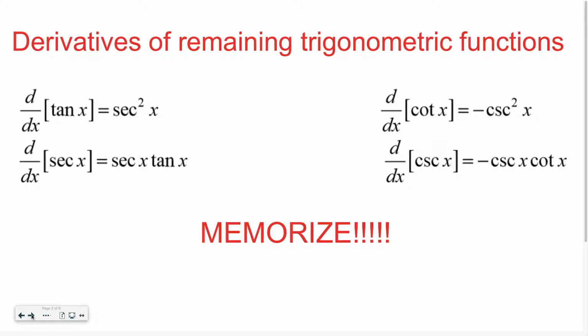So if you can remember that tangent's derivative is secant squared, then cotangent's needs to be negative, and the other one, cosecant. If you can remember that secant's derivative is secant tangent, then when we think about cosecant's derivative, it needs to be negative, and with the other ones, cosecant cotangent.